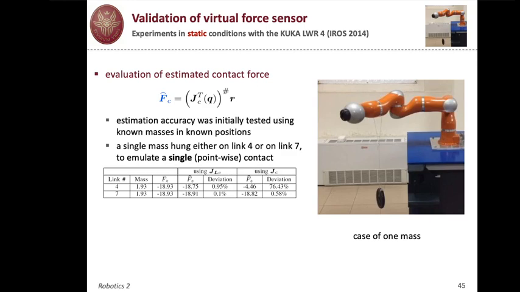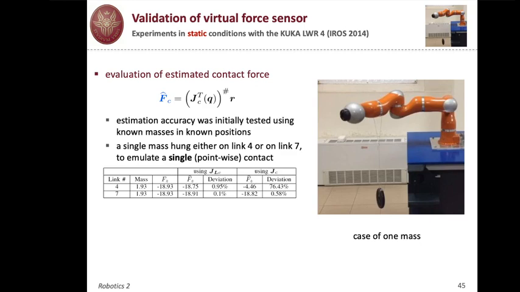And this is because the pseudo-inverse tends to assign to all components of the unknown vector the residual error in the estimation. Okay, while if we remove 3 out of the 6 components, so we are considering only a pure force, so we are using only the 3 by 7 linear part of the Jacobian, we get errors which are below 1 per 1,000 of the total value.